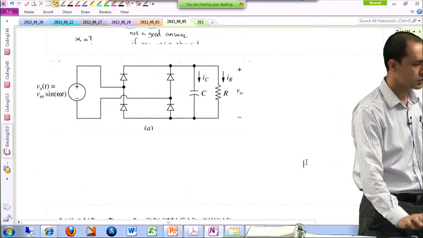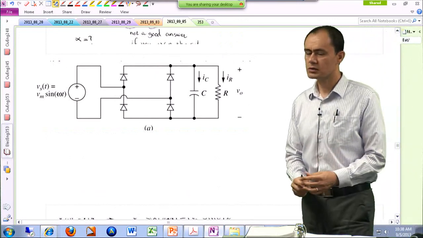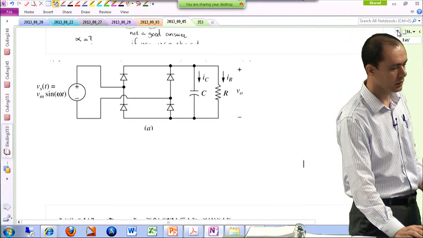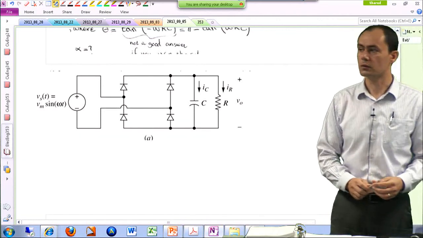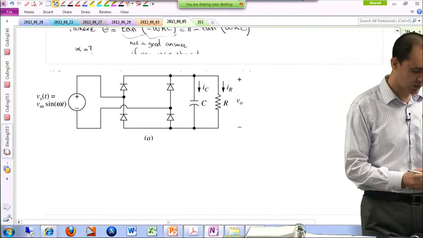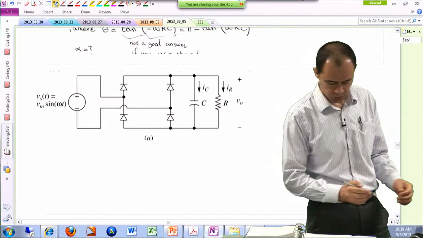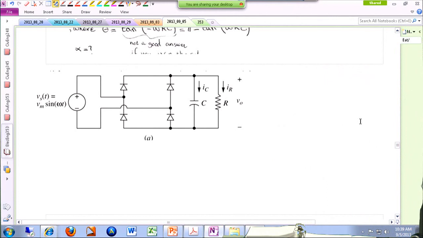We have a full bridge of diodes, an H bridge of diodes, and then a capacitor placed in parallel with our load. If I want to label these diodes, they are D1 and D2, and then D3 and D4.